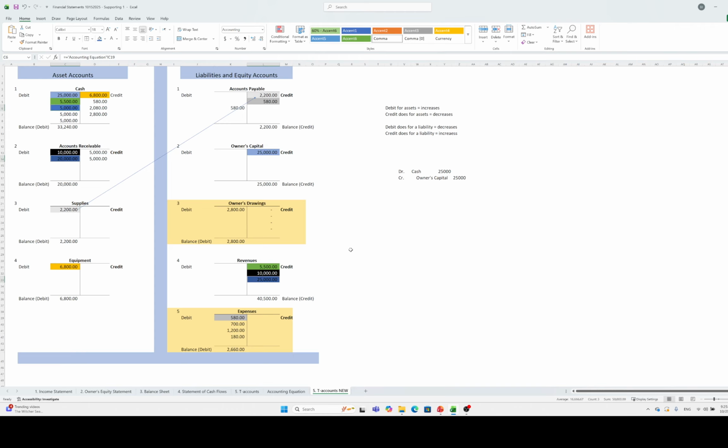So first we debit cash for $5,000, and then we also debit accounts receivable for $20,000. Let me make it a little bit beautiful.